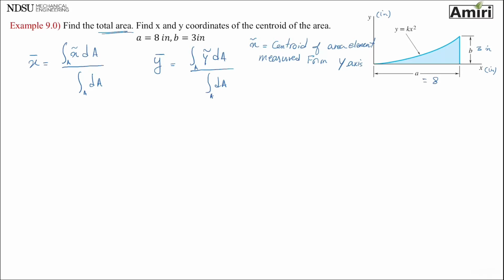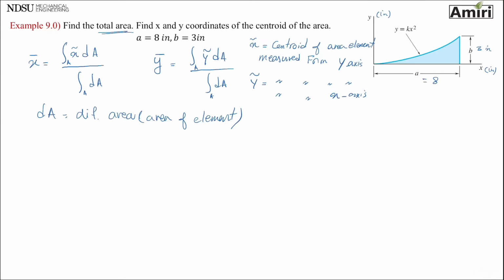The other one that I gotta find is y tilde. So that one is centroid of area element measured from x axis. I have to find the dA, which is the differential amount of area or area of element.